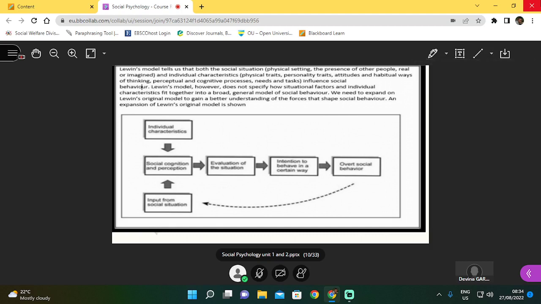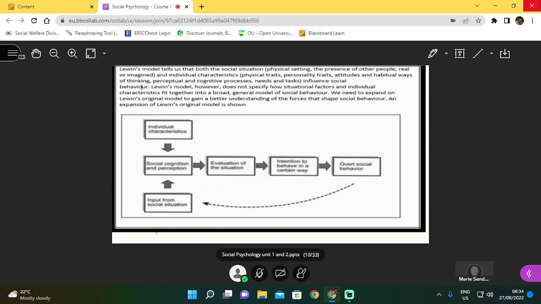It was about Lewin's model, no. The Lewin model is what you're seeing on this screen. If you can explain a bit more on the Lewin's model, please.